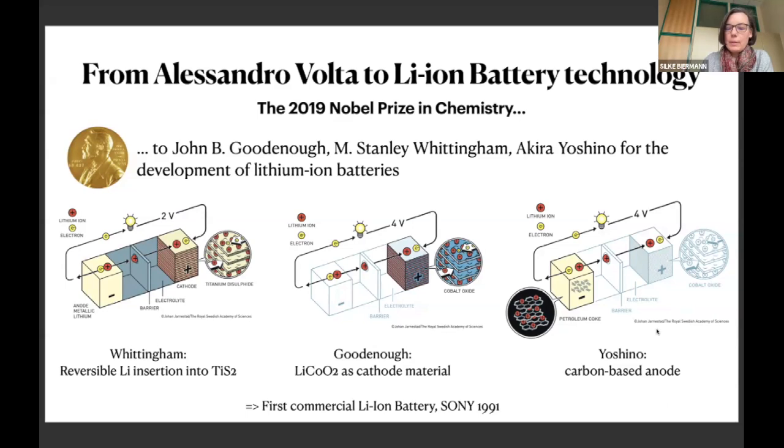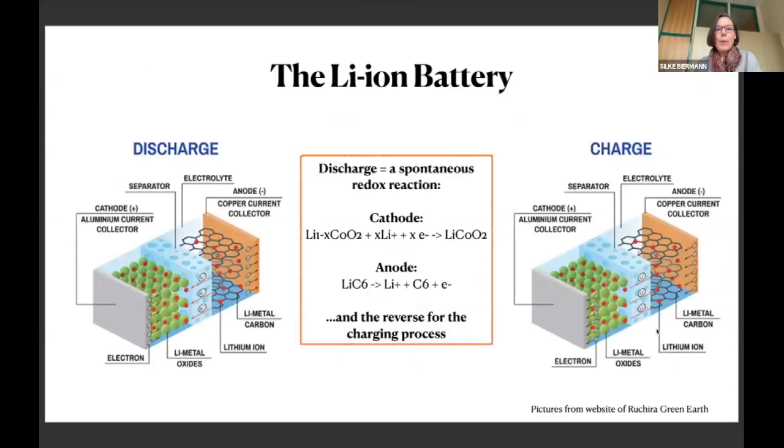So what is a lithium-ion battery? Well, it is a device where you have anode and cathode, and in the discharge process, you have lithium ions released from the anode material to the cathode material.